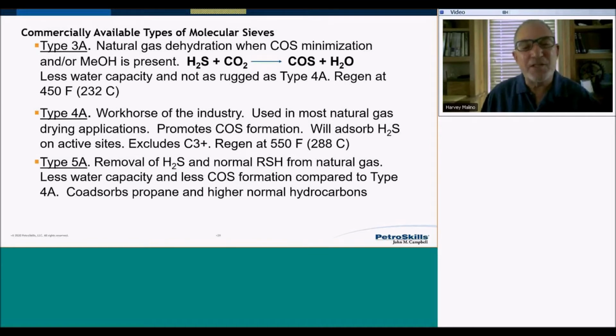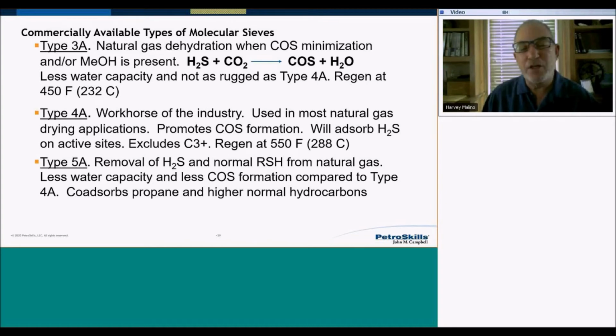It has slightly less water capacity and a slightly lower COS formation compared to type 4A. Because it has a nominal opening of 5 angstroms, this, by the way, has a nominal opening of 4 angstroms, the type 5A will co-adsorb propane and higher normal hydrocarbons.